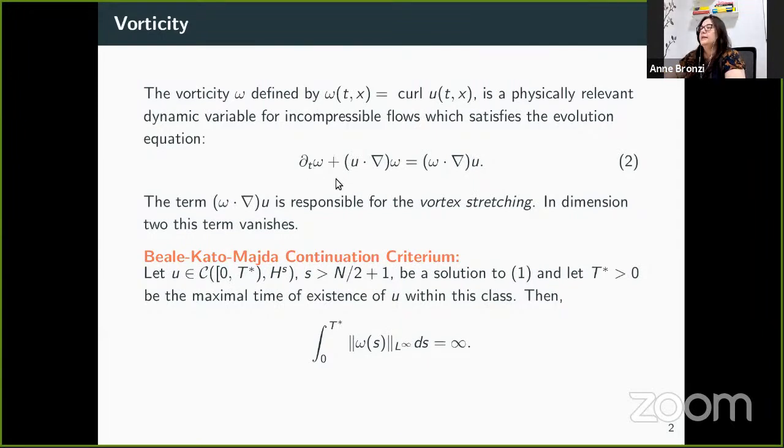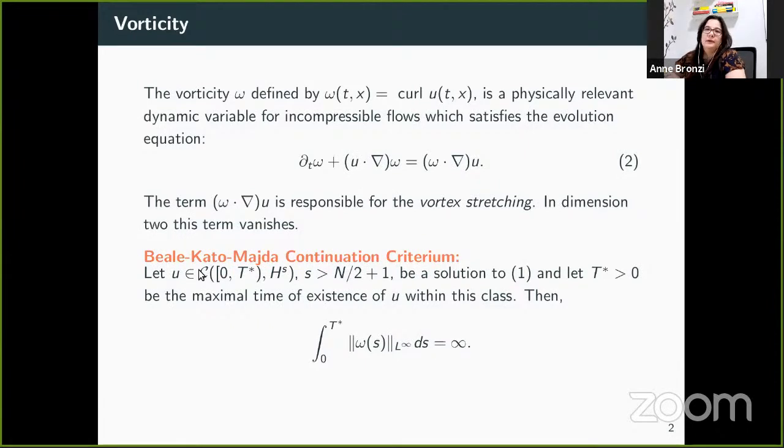In the case the dimension is equal to 3, we get this equation, and this term here we call vortex stretching. In dimension 2, this term vanishes. So we don't have this term, we just have the transport of the vorticity.